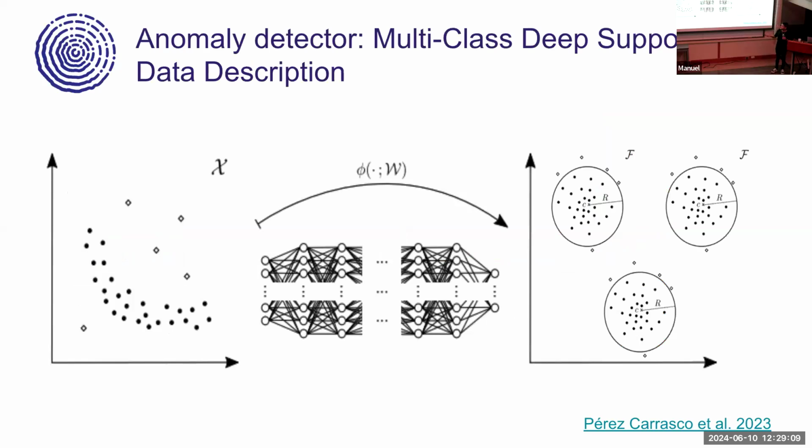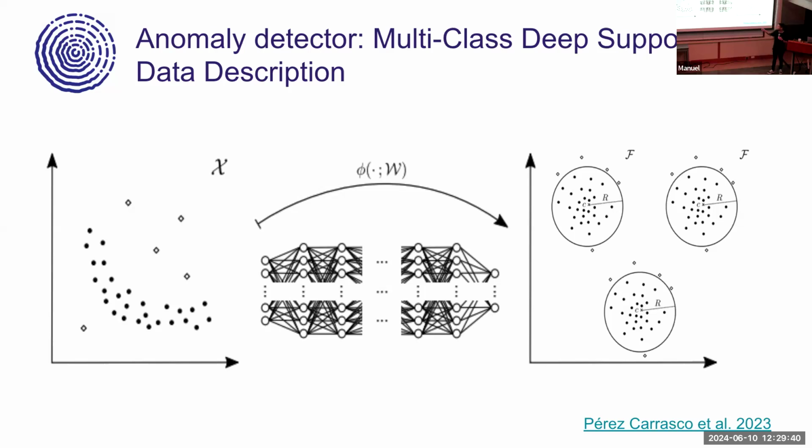For example, if we are training a transient anomaly detector, we will have 4 classes: supernova type Ia, type Ibc, superluminous supernova, etc. So we pass the data through a neural network, which was previously trained as an autoencoder, and we define centroids from the data passed through the encoder.